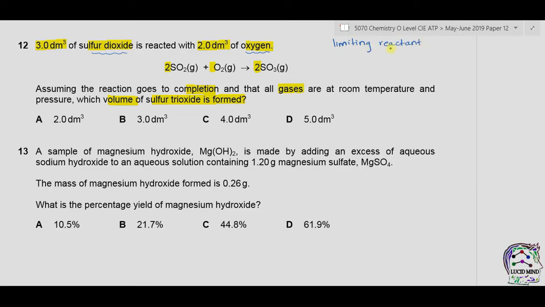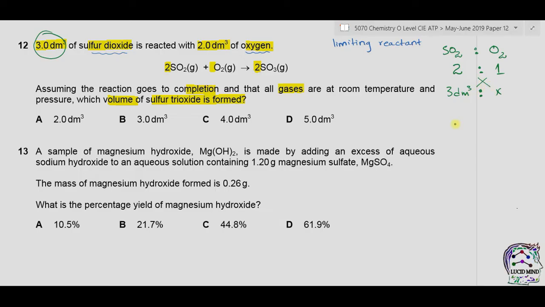Limiting reactant is the one that is fully consumed in a chemical reaction without being left behind. So first is sulfur dioxide and second is oxygen. From balanced equation we can see that 2 moles of sulfur dioxide react with 1 mole of oxygen. While in question 3 decimeter cube of sulfur dioxide was given. So then let's find out how much oxygen volume will be required for complete reaction.